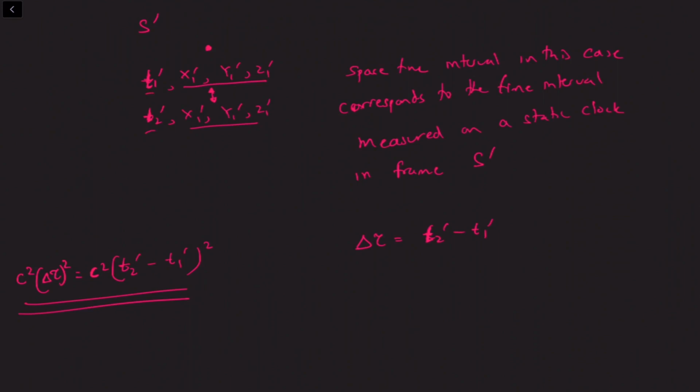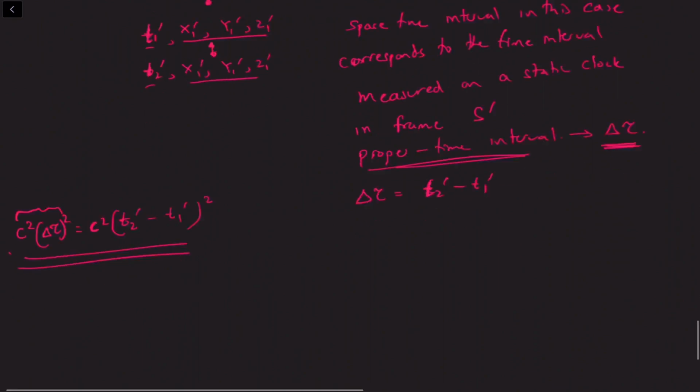So delta tau, or c square delta tau square, is what we call the proper time interval. So this is called a proper time interval. Delta tau is what we call the proper time. And we've already seen that this quantity delta tau is a relativistic invariant.